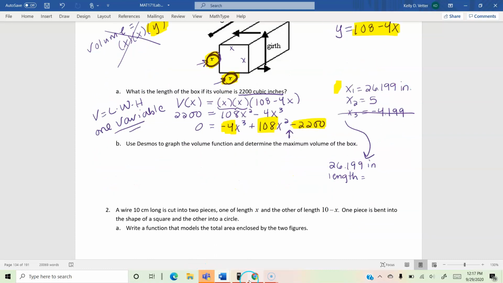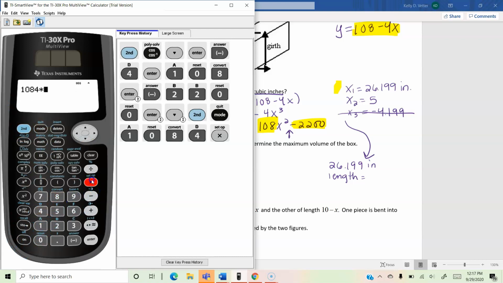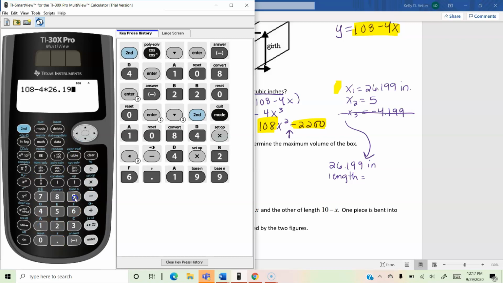Okay, so since I've got the calculator going here, let's just type it in. Okay, so 108 minus 4 times, sorry, this thing does not cooperate as good as the actual calculator. 4 times, and I'm going to put in the 26.199.